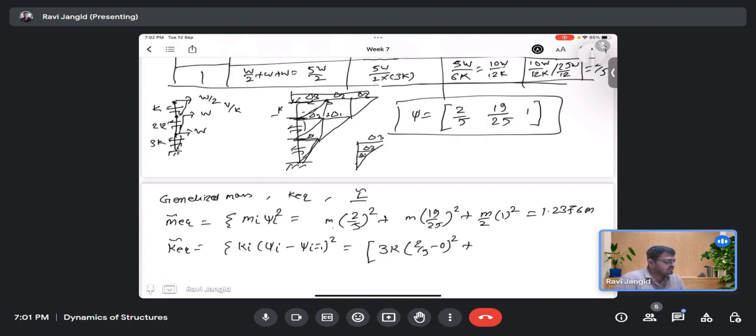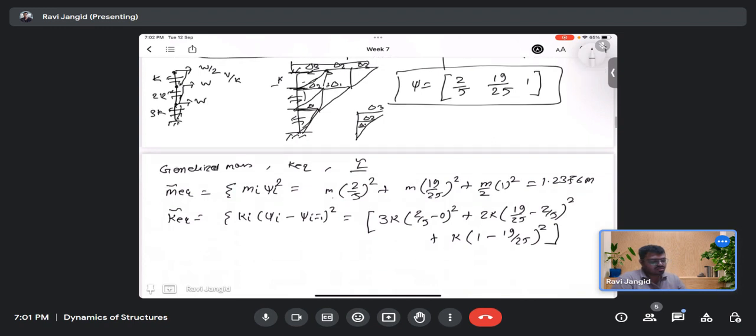For the second, it is 2K into (19 by 25 minus 2 by 5) squared. For the third, it is K into (1 minus 19 by 25) squared. If you solve this, you will get 0.7968K.